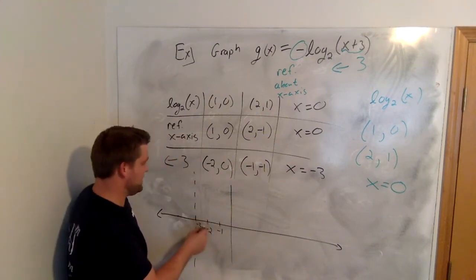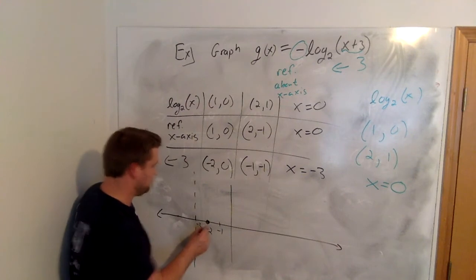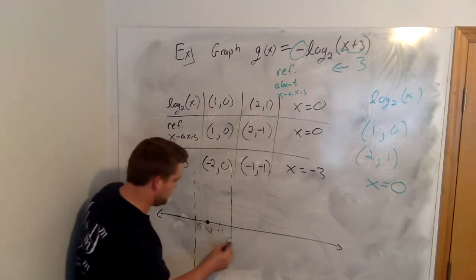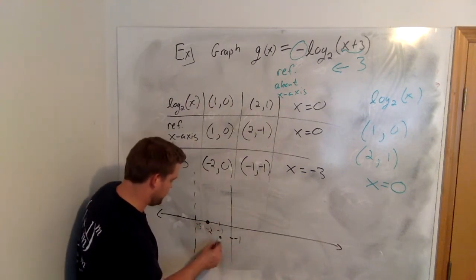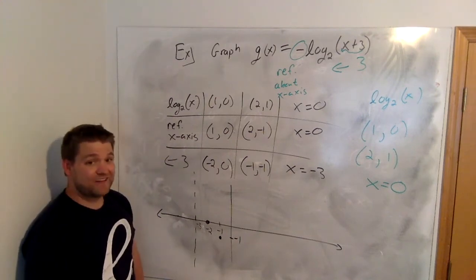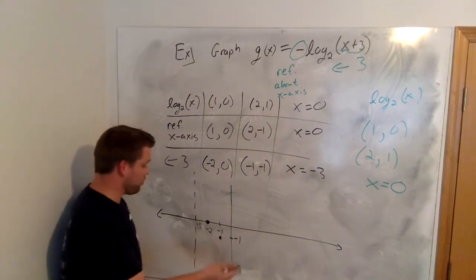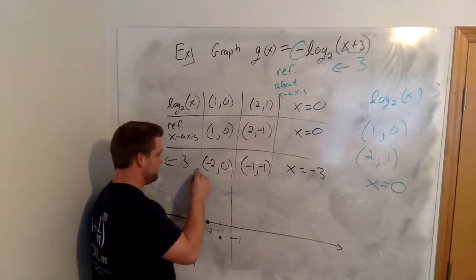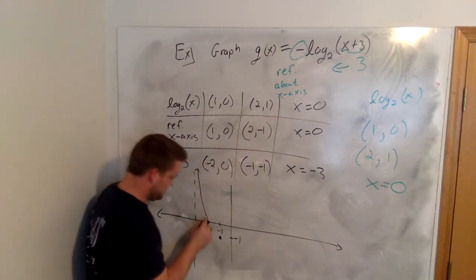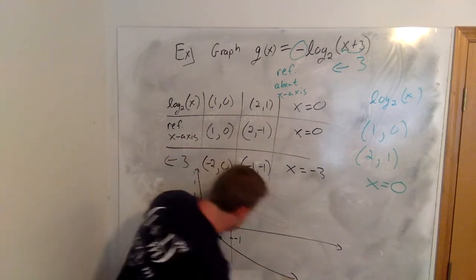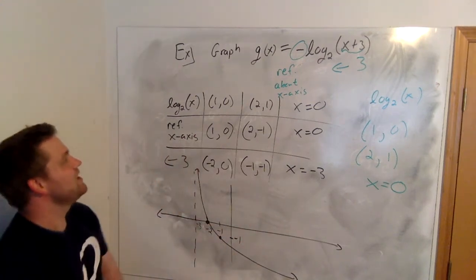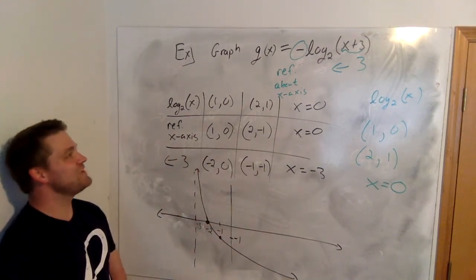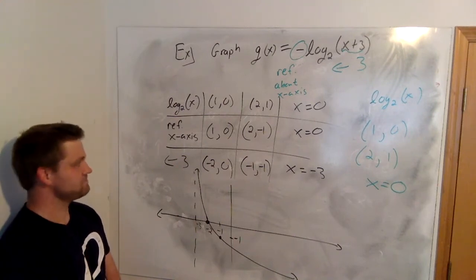We have the point negative 2, 0, and the point negative 1, negative 1. Okay, this should now guide us to the graph. The graph always has to be on the right of this vertical asymptote. So the graph will look like this. Here is the graph of negative log base 2 of x plus 3.